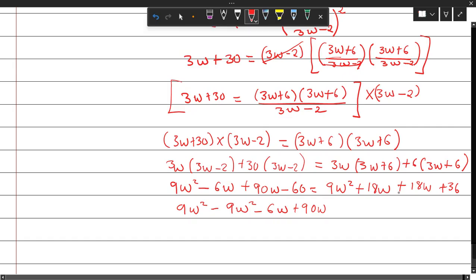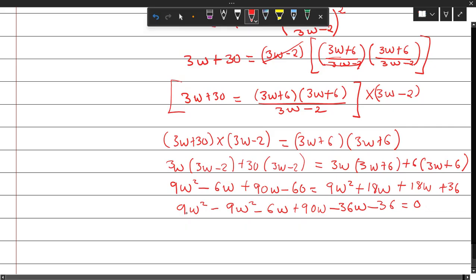So here we can add 18 plus 18, so we have 36. So it will be negative 36w. That is after we add and take it this side, it will be negative. Okay, minus this term, when it comes this side, it will be negative 36 equals to 0.